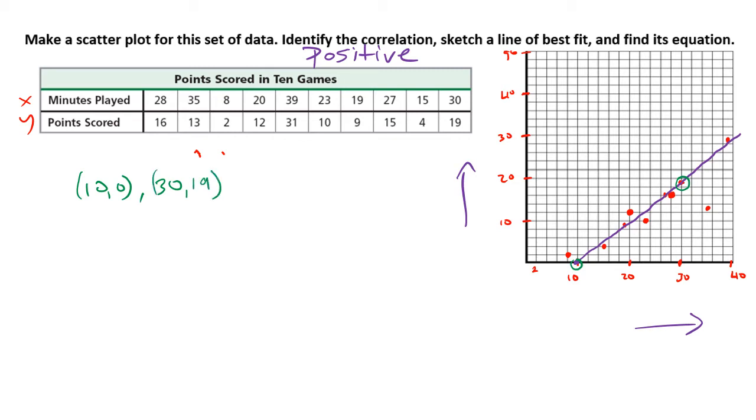By using these 2 points, I can find the slope. Slope would be 19 minus 0 over 30 minus 20 is equal to 19 over 10, which is equal to 1.9.